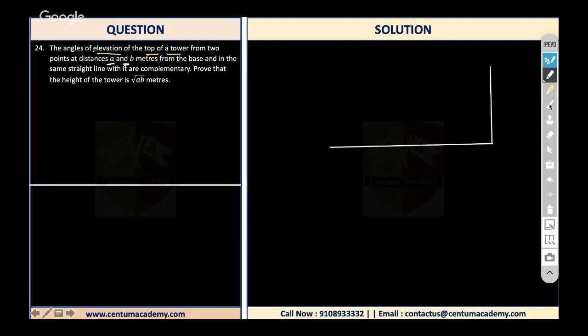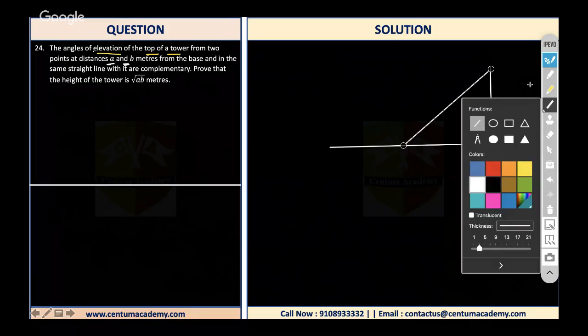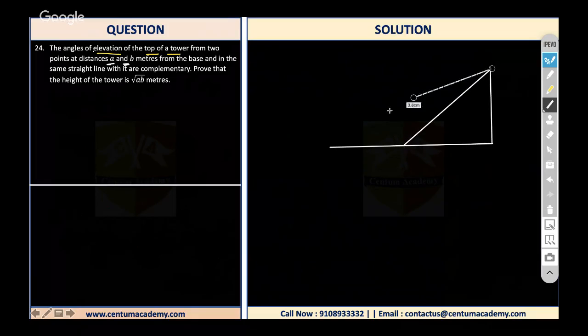So let us say this is one angle of elevation from here. Another is this. From 2 points at a distance A, so let's say this distance is A. And let us say this distance is B.